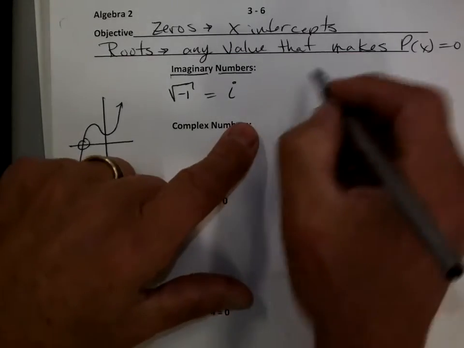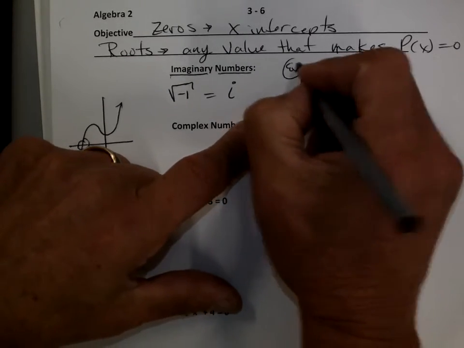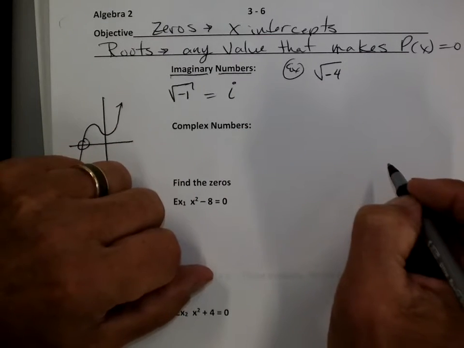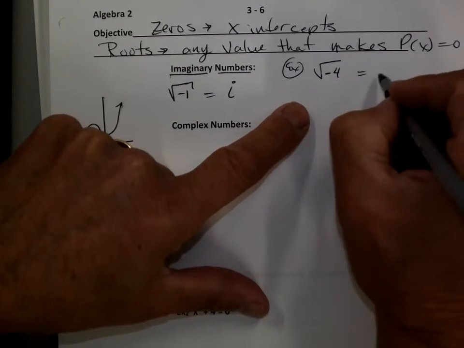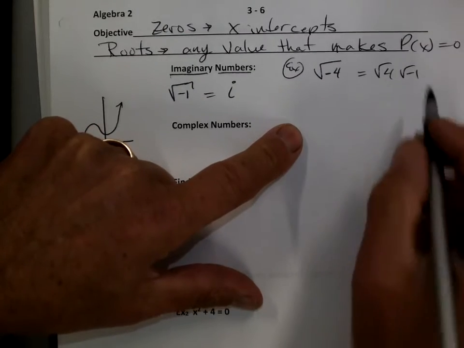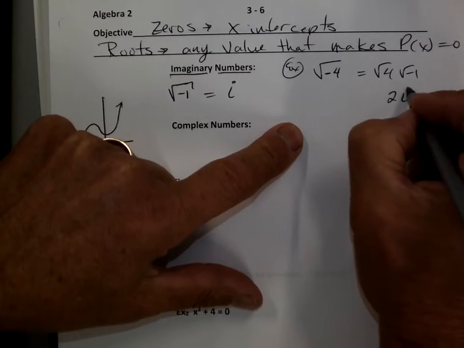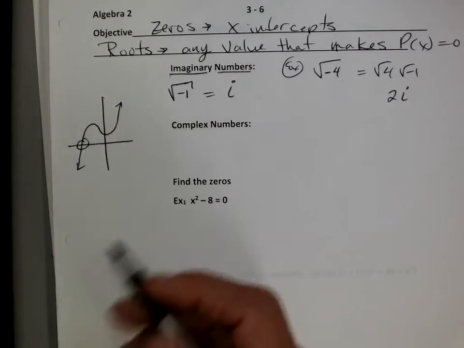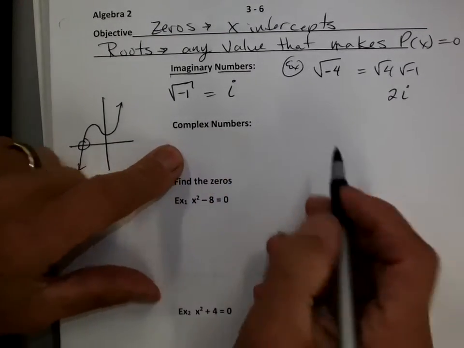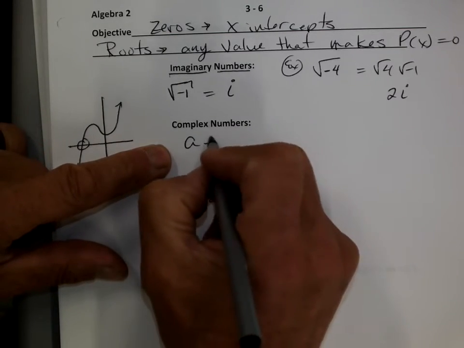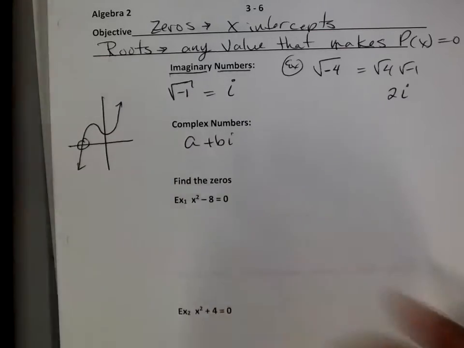Okay, so then as another example, if I have the square root of -4, that's the same thing as the square root of 4 times the square root of -1, which makes a 2i. Okay, now complex numbers have i's in them and regular numbers. So complex numbers, we say, well, some a plus bi is really the form.